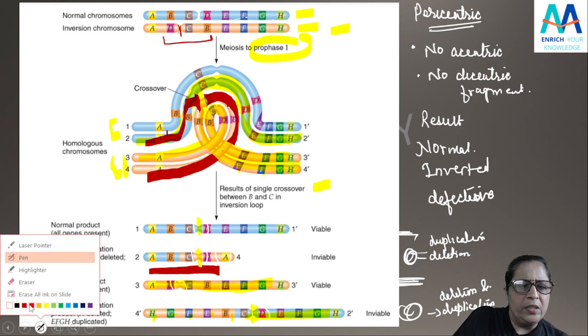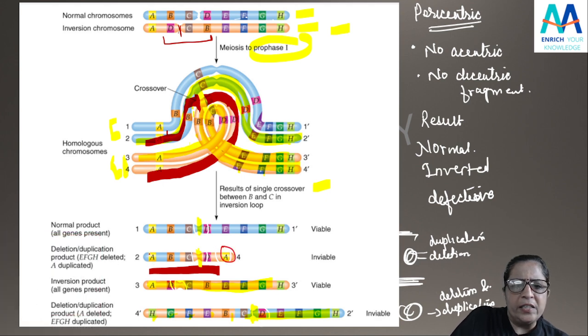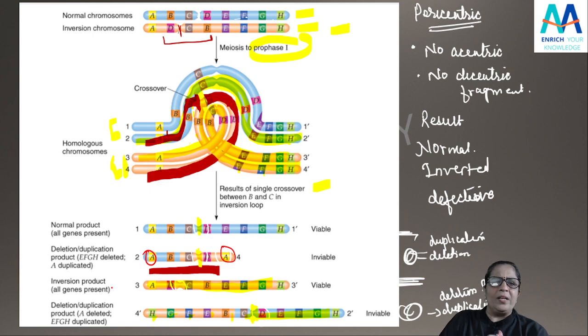I think you can see here, this is A and this is A which is duplicated, and other product, that means EFG, it is not there. So deletion and duplication. In this case, A is not there, but yes, HGFE, HGFE, these are duplicated and A is missing. So there is a deletion of A. So again, one normal, one inverted and two defective. But remember, there will be no acentric, no dicentric after the crossing over.